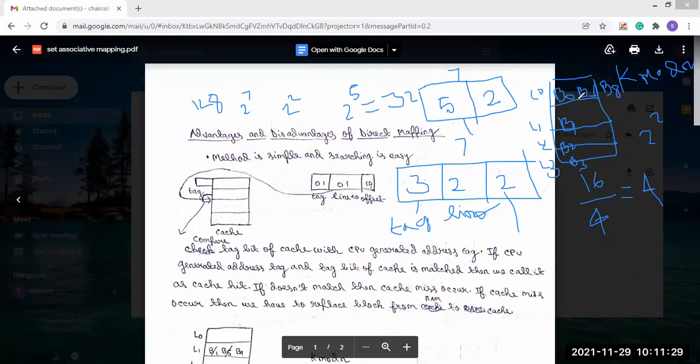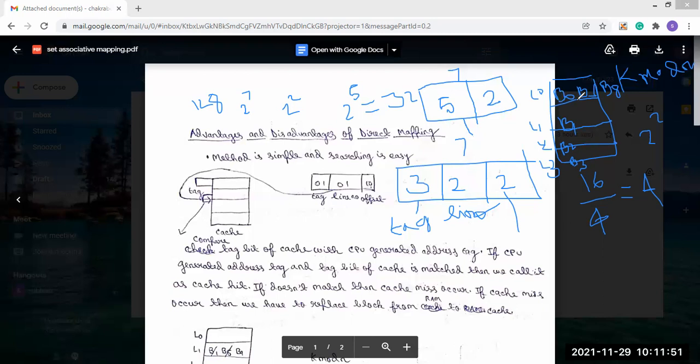At a particular time, only one block should be present. So that's why the tag bit specifies which block should be present at that particular moment in line number 0, among B0, B4, B8. This is why the tag bit is used.